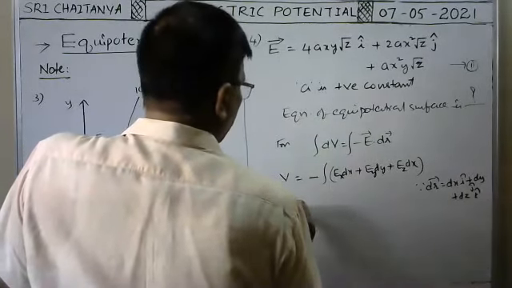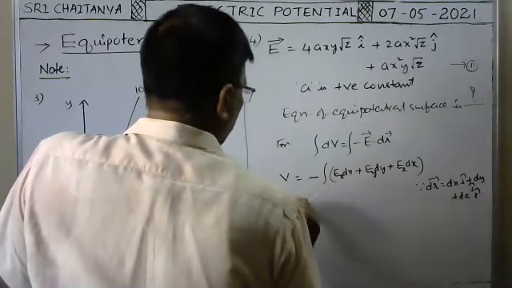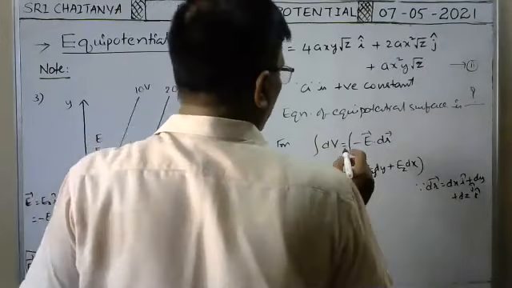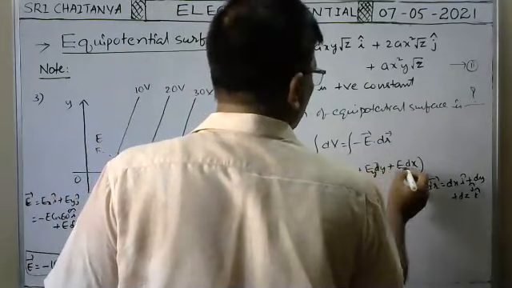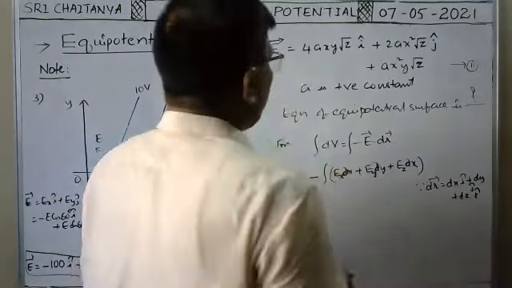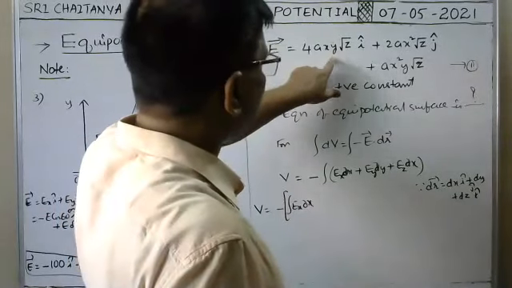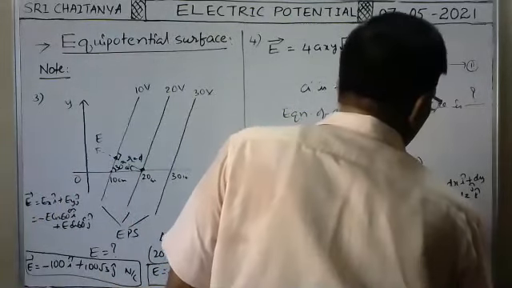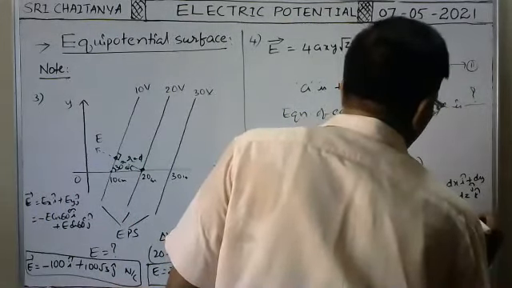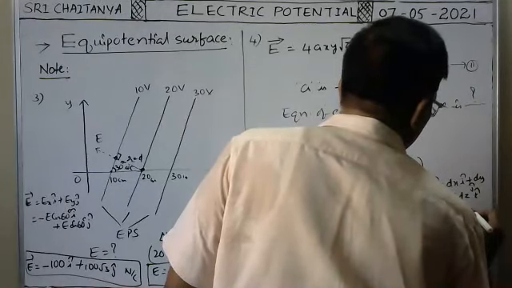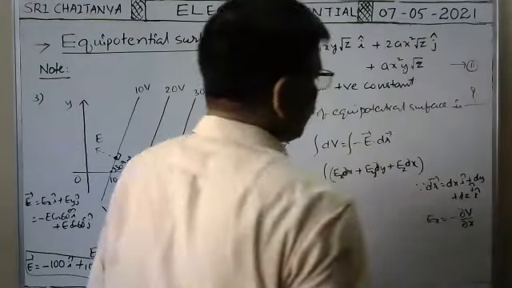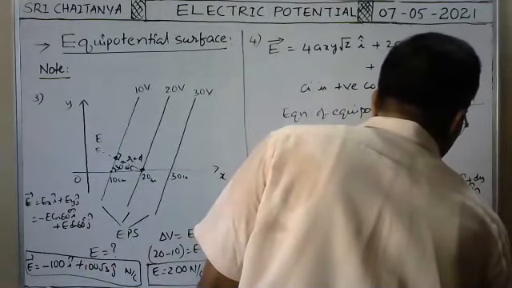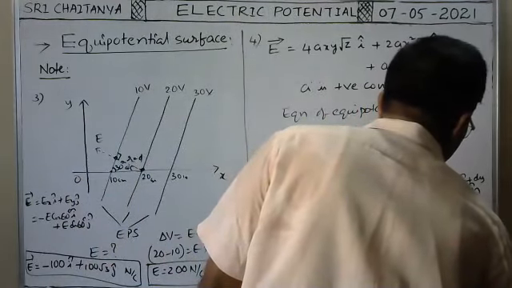V is equal to minus integral Ex dou x. You write dou x because it is partial integration, with respect to x, y, z. When you integrate with respect to x, the remaining are all constants, because Ex is equal to minus dou V by dou x, or dou V is equal to minus Ex into dou x.